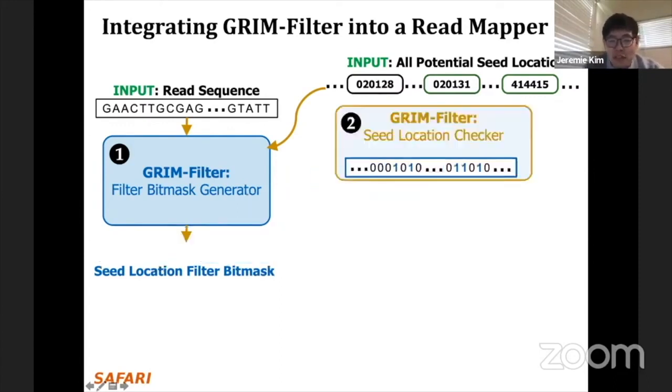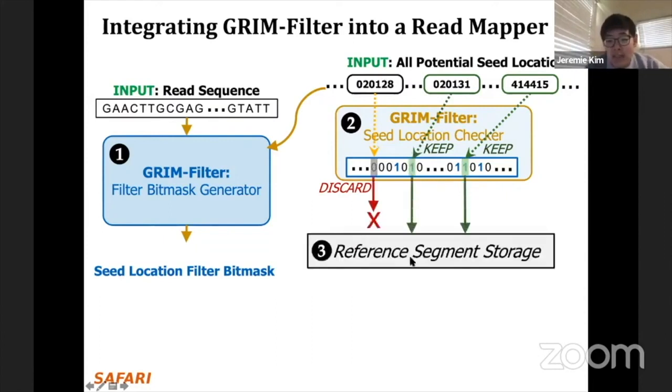We send this bit mask over to a seed location checker, which compares it to the potential seed locations, and only passes on the seed locations that pass the checker, which is basically the indices that have a 1. Any that have a 0 is discarded.